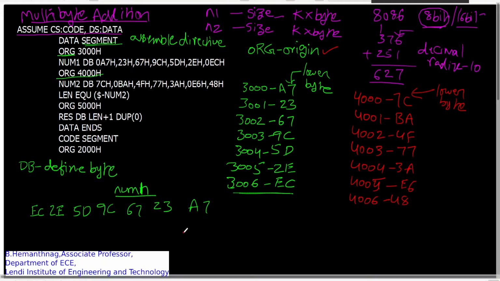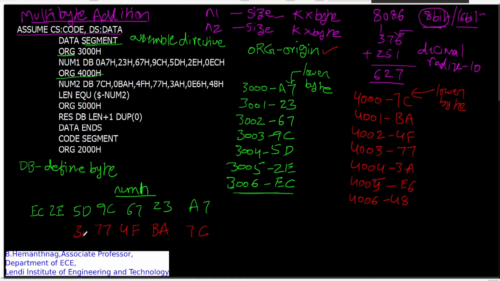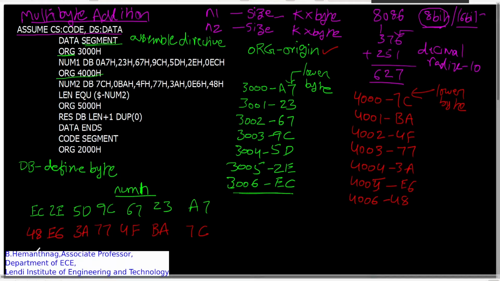So this will be like 7C, BA, 4F, 77, 3A, E6 and 48. So this is number 2, and these are the two numbers.